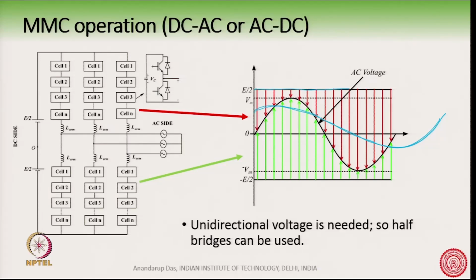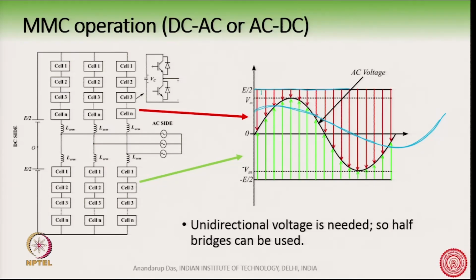First thing, it will be possible to operate the converter, because if the line is something like this, then the arms can produce this blue line with the help of the arrows. Arrows are nothing but the controllable voltage source.